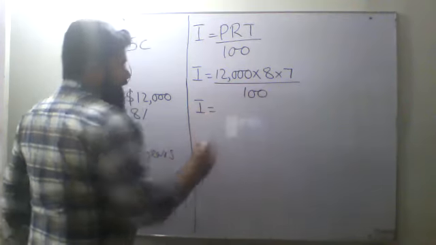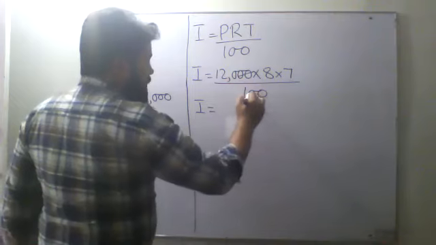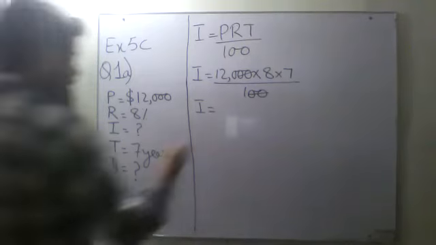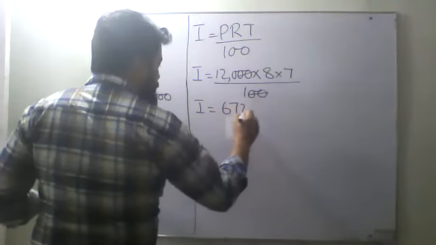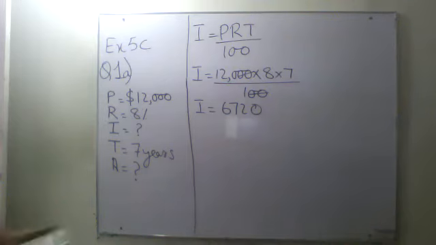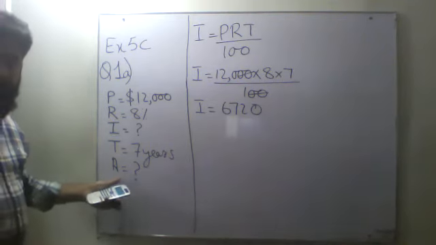Okay, simplifying it, these two zeros will be cancelled by these two ones, right? So 120 into 8 into 7, my final answer of interest is coming 6720.